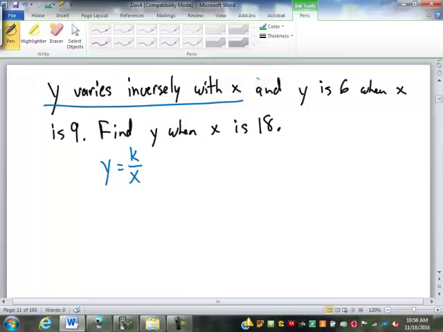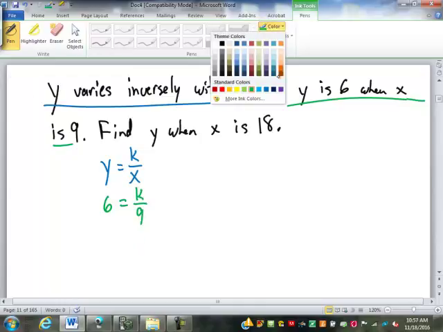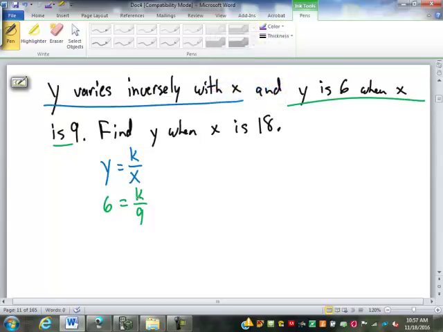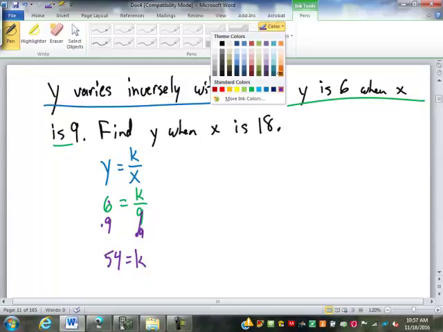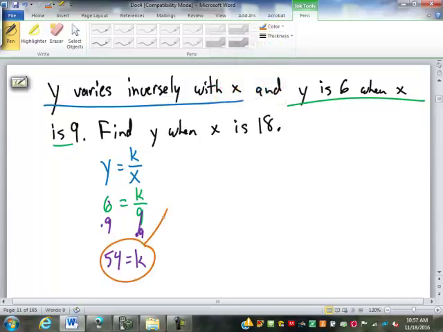Second, y is 6 when x is 9. So I put 6 where the y is and 9 where the x is. And I solve. To get k by itself, I have to multiply by 9. 6 times 9 is 54. The 9's cancel out, so 54 equals k.